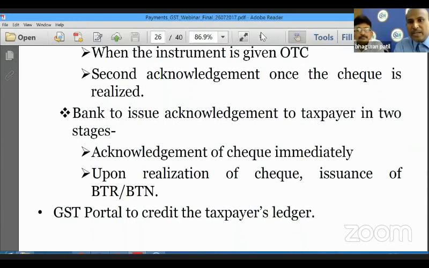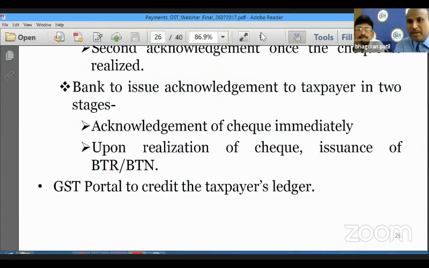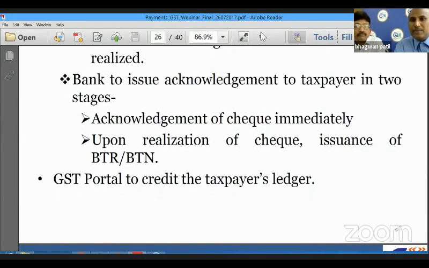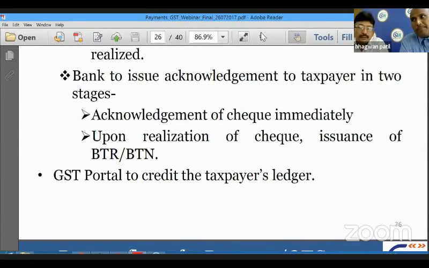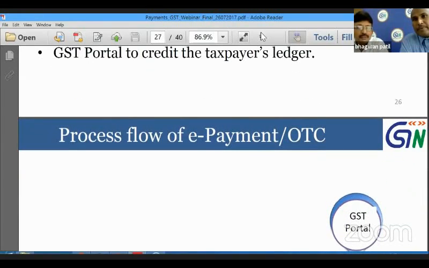So there are different types of payment status actually. So I'll request my colleague, sir, to talk about this. So first is about not paid status. As soon as the CPIN is generated and the payment process is not initiated, that is, you have not initiated your payment, by default, the status of your challan will be not paid.